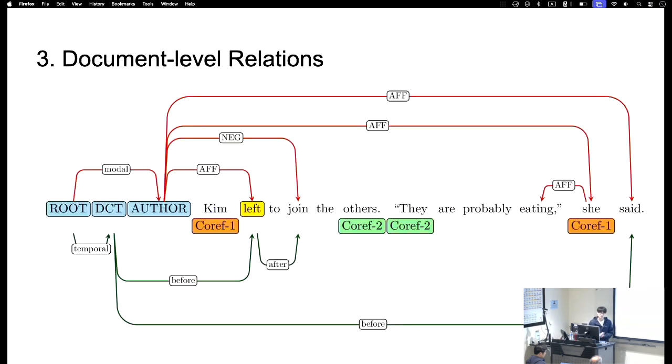So document level relations, there are 2 types. One is coreference, and the other is modal and temporal dependencies. So coreference is something that I have made changes to. There are 2 types of coreference. One is entity, the other is event. For entity, I do use an off-the-shelf coreference model.